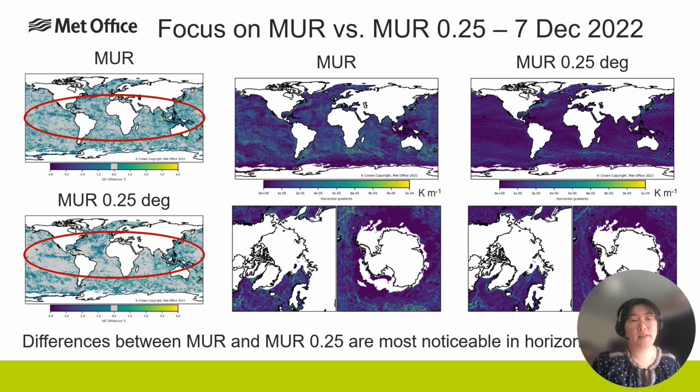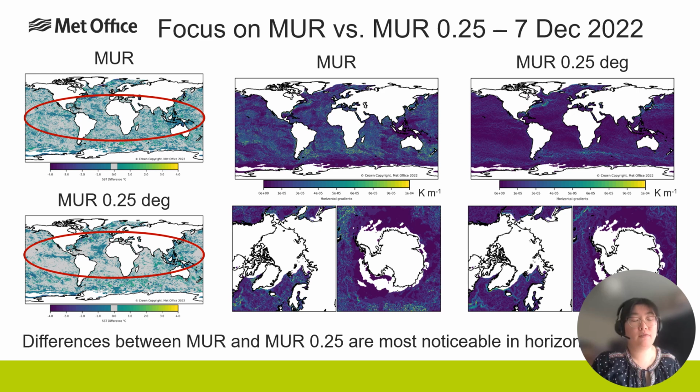Now I'd like to draw attention to the comparison between the 2 versions of MER, the full resolution and the MER 0.25 degree. So for the left 2 panels, the top one is the full resolution, the bottom one is the 0.25 degree version.